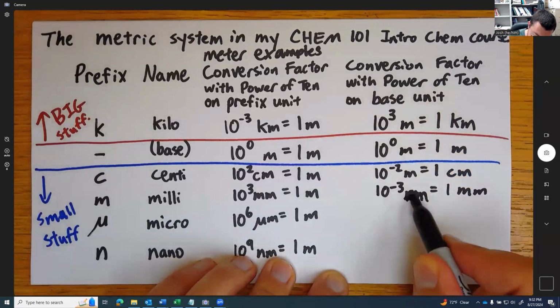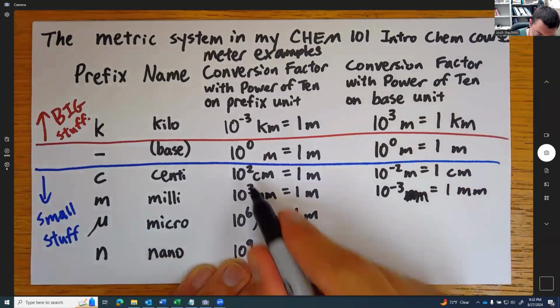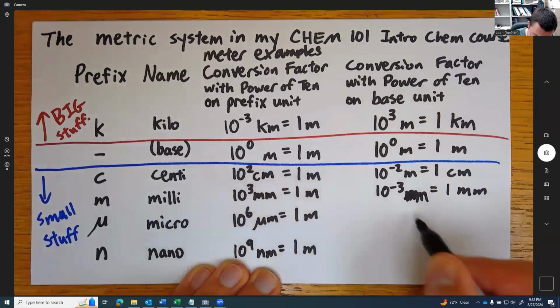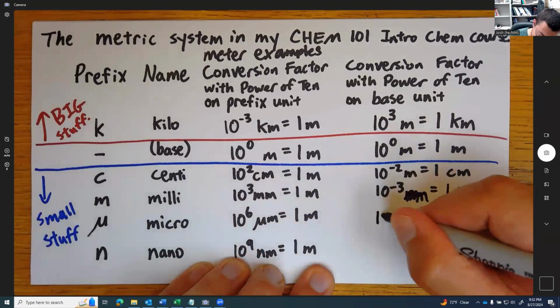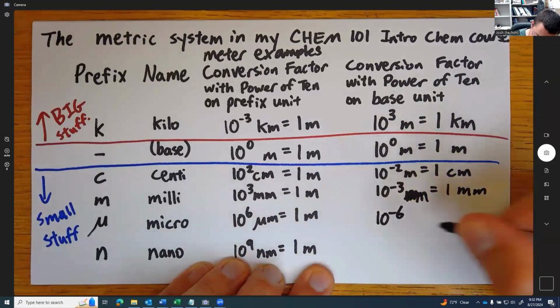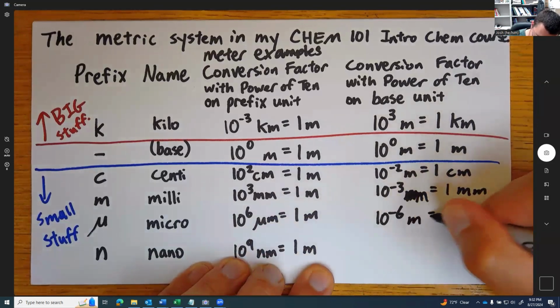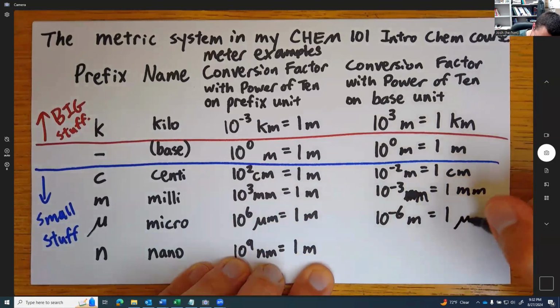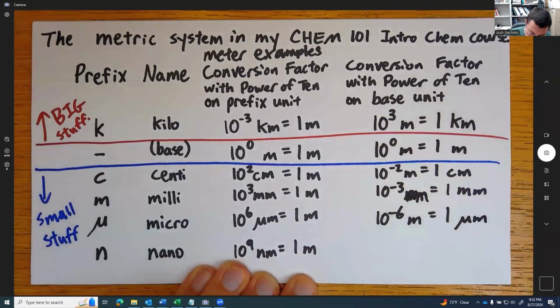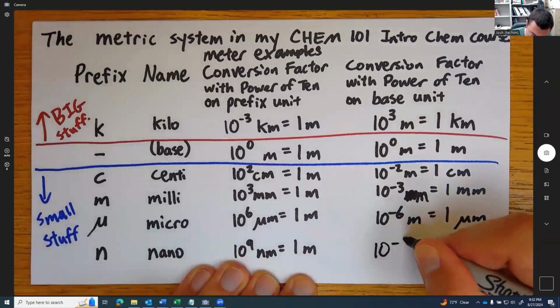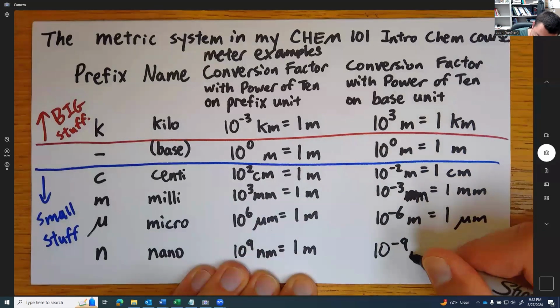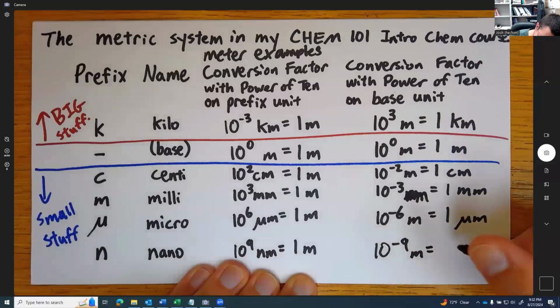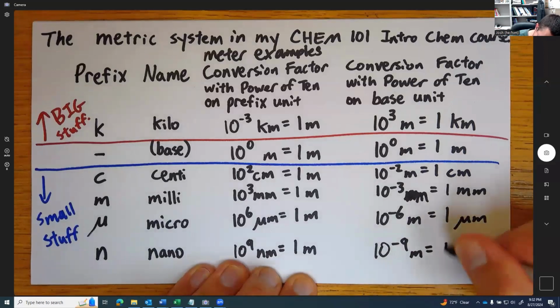You can see I'm just taking these same exponents and making them negative now. A millionth of a meter is a micron, micrometer, whatever you want to call it. And then a billionth of a meter is the same as a nanometer.